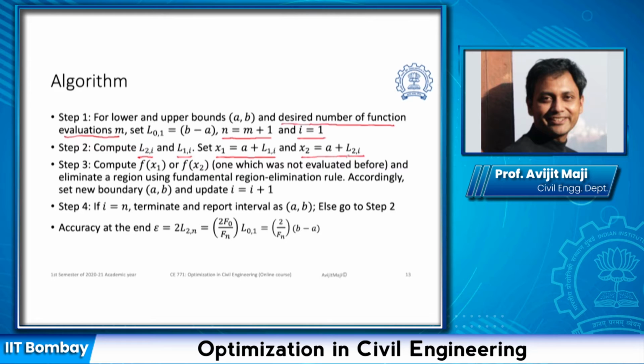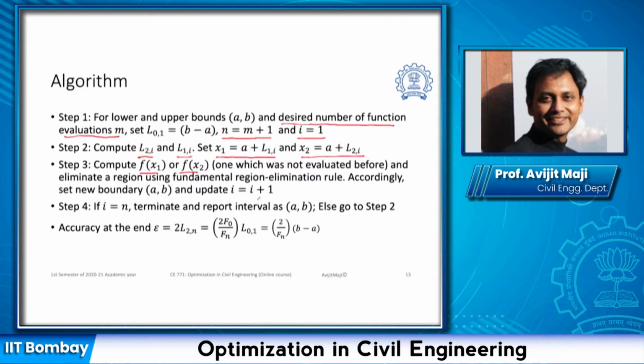Once we set this, we find the function values at x1 and x2. For a higher iteration, we evaluate only the one which was not evaluated in the previous iteration. If it is the first iteration, we have to evaluate both.